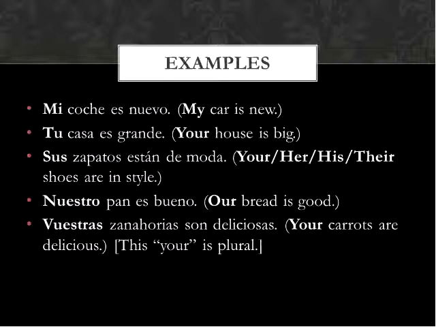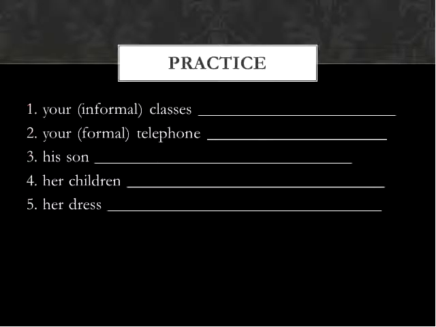We just need to read the entire context of the paragraph or whatever we're reading to understand who they're referring to. Nuestro pan es bueno, our bread is good. Vuestras zanahorias son deliciosas. Your carrots are delicious. And when we use that form, that's referring to your as in plural.